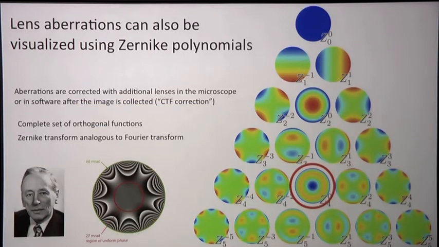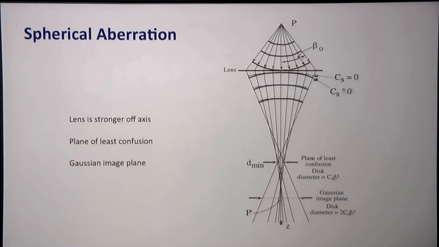Okay, I'm just going to briefly mention one more of these because they're important. This one here is one we talk about a lot. It's spherical aberration, CS. And this is a parameter that you have to put in every time you do a calculation. And it's a good idea to sort of know where this comes from. So spherical aberration is actually very simple.